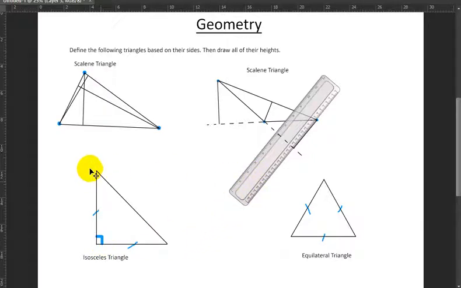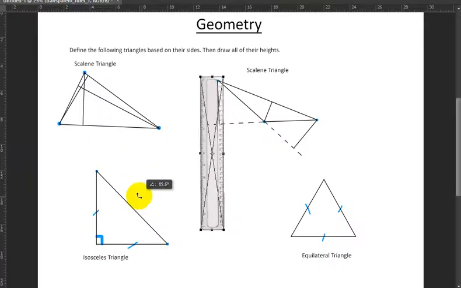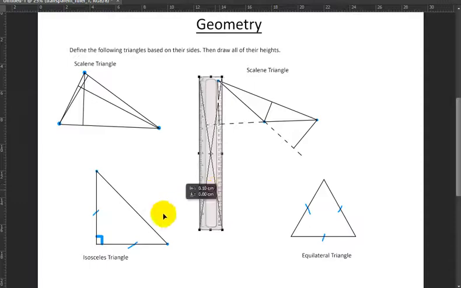So what will happen when I try to find the heights from here and from here? Well, let's see. I'm going to take my ruler. The height from here is going to need to go to this side because this is the side that isn't touching the point. So let's make my ruler perpendicular to that side.